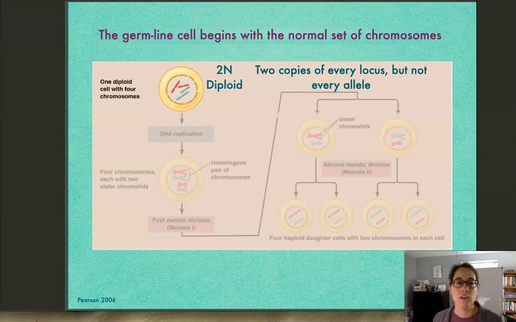All right. Also, a diploid cell is called 2N, and that means we have two copies of every locus. Locus is just a position along the DNA.